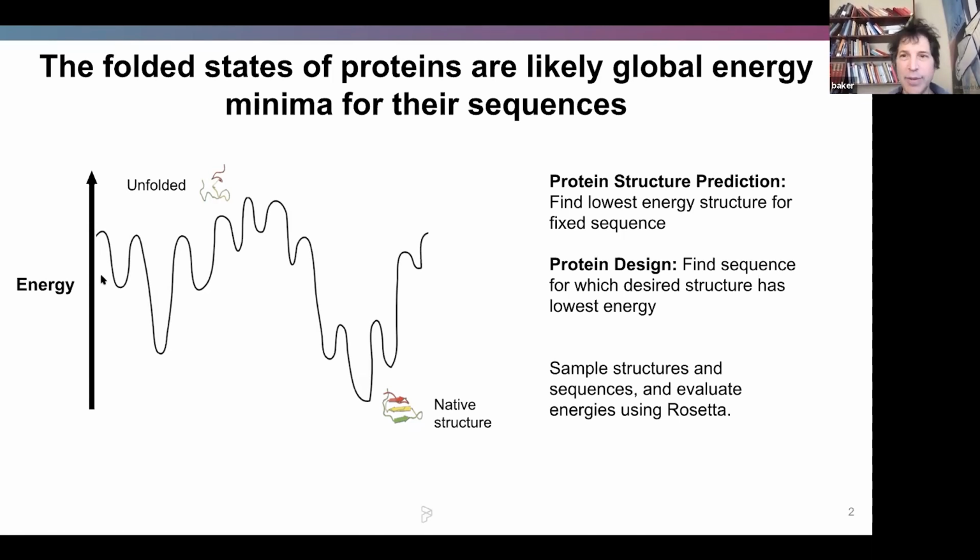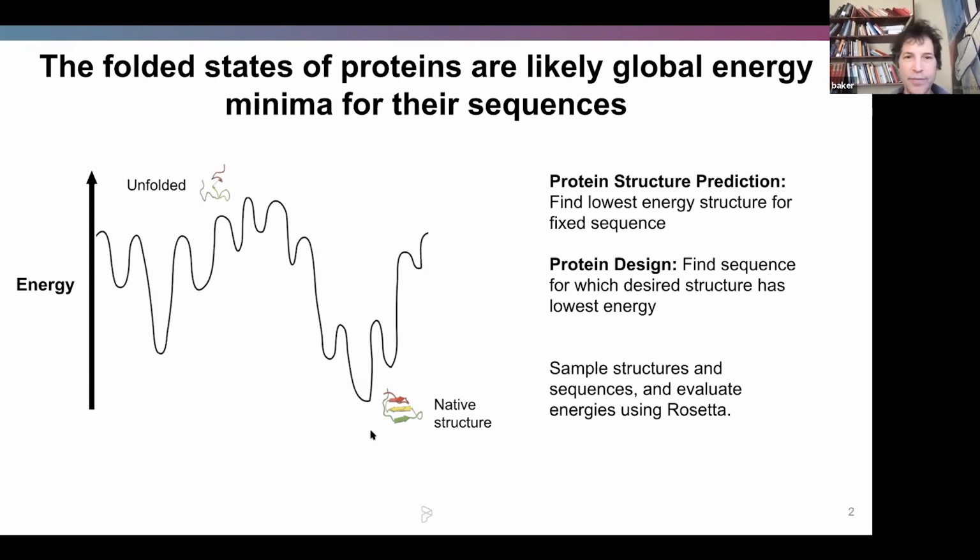In this talk, though, I'm not going to be talking about protein structure prediction. I'm going to be talking about protein design. So we're making up brand new sequences that will fold up into new structures. And here we kind of do the opposite. You make up your structure somehow, and I'll give you lots of examples of that. You make up your backbone, and then you have to find an amino acid sequence whose lowest energy state is that backbone.